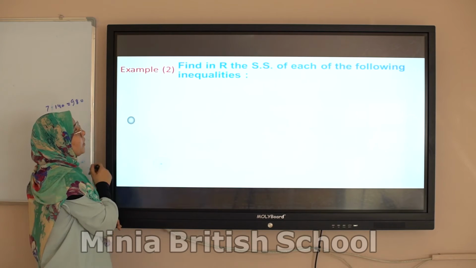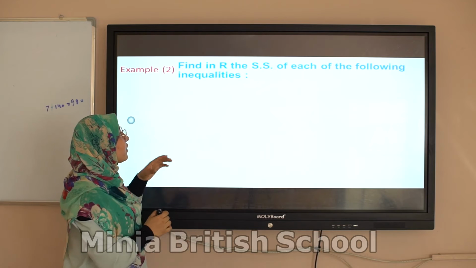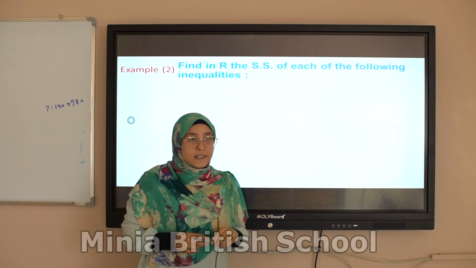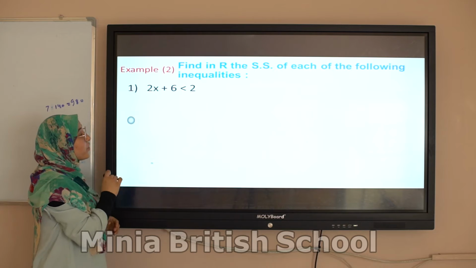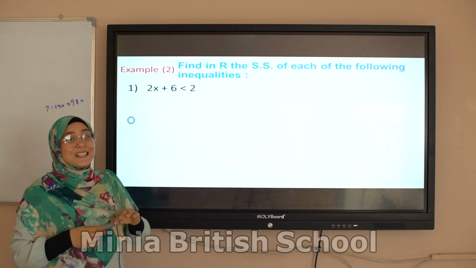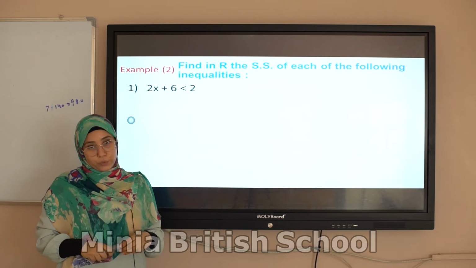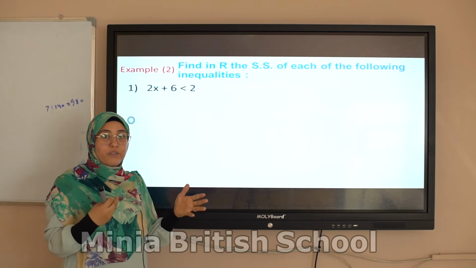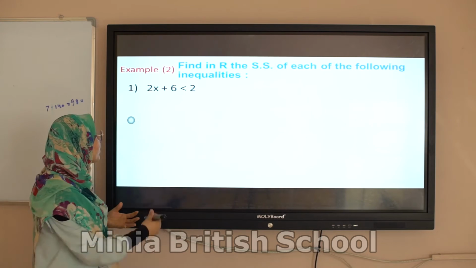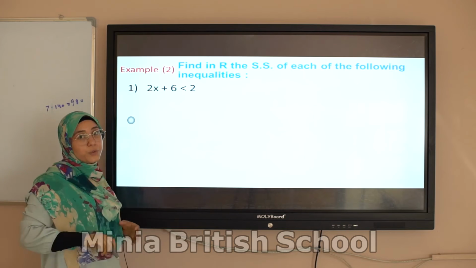Now, I have an example. Find in R the solution set of each of the following inequalities, okay? The first one, 2x plus 6 less than 2. Now, like the equation, I need to separate between the variable and the constant. So I will move 6 to the other side with the opposite sign.